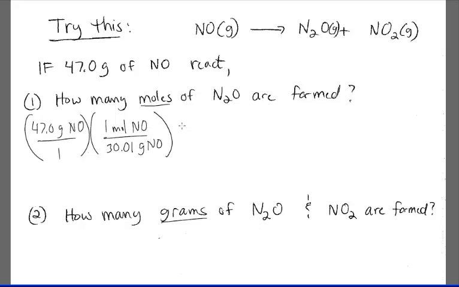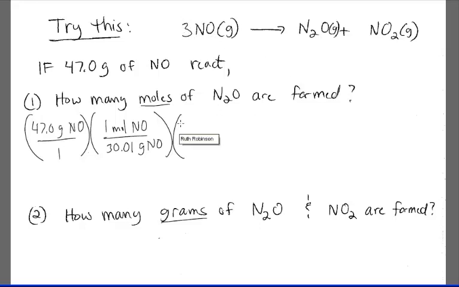All right, and then we use the mole ratio to figure out how many, and we have not yet balanced this reaction, so we need to do that. Okay, so we need to balance the reaction, and you've got 3 nitrogens on this side and 3 oxygens on this side, so we're going to need to put a 3 in front.